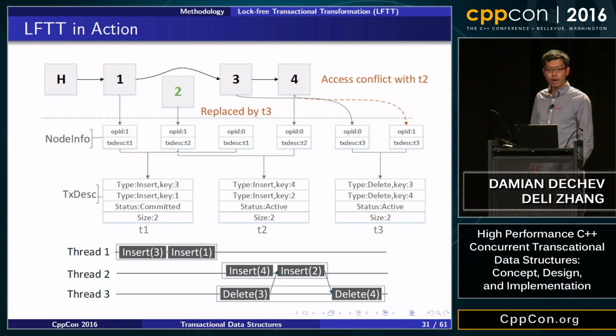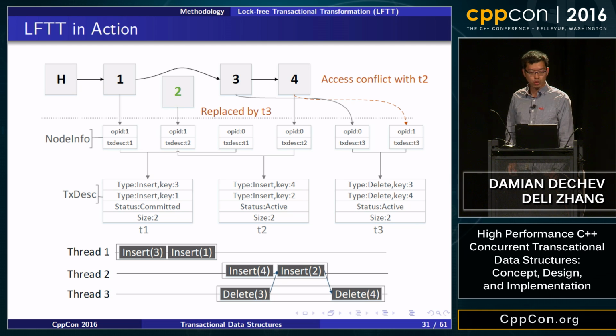Here is a graph showing you how LFTT works with a very simple example: 3 threads trying to execute 3 transactions. Thread 1 finished the first transaction by inserting nodes 3 and 1 into the linked list. Thread 2 inserted node 4, but is currently working on node 2. In the meantime, thread 3 deleted node 3 by updating the node info on that node.